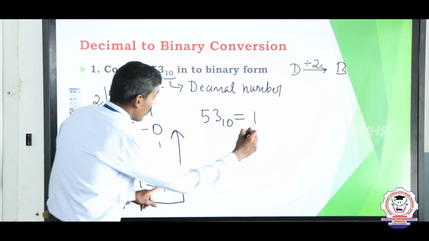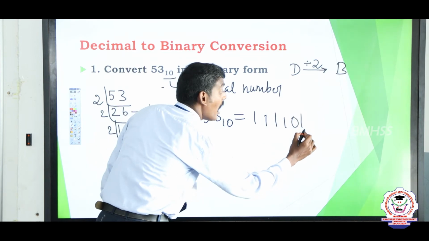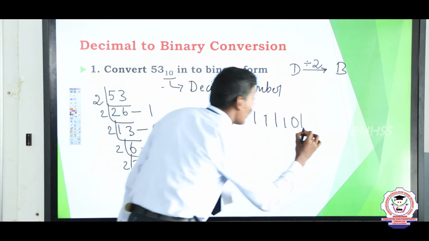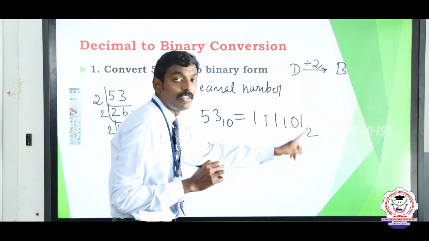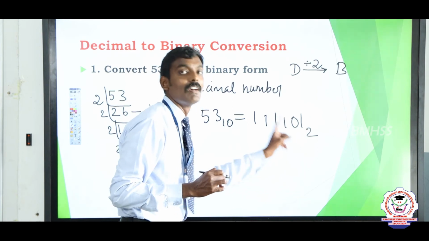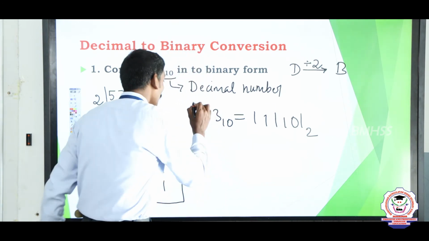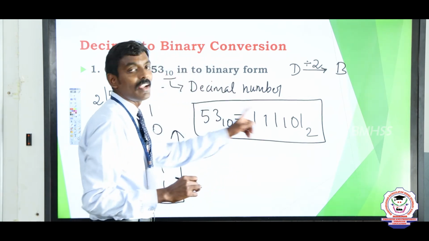Finally, you put the base value. That is very important. This base value is used to identify that the given number is a binary number system. This is the answer, the conversion of a decimal number to the binary number system.